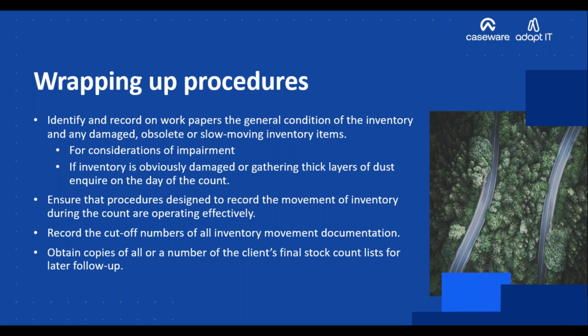You also want to agree this list to the inventory listing at date of the audit, or to the trial balance if it contains the value of total inventory. This is so important, so crucial to ensure that you can give confidence on that value, on that number in the trial balance. So I'm just trying to also think of an example here.